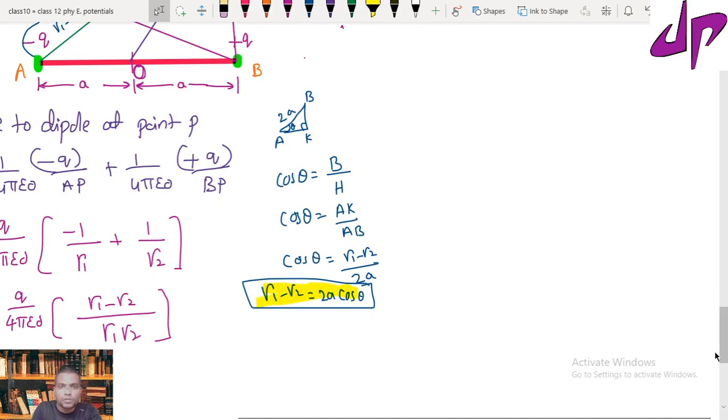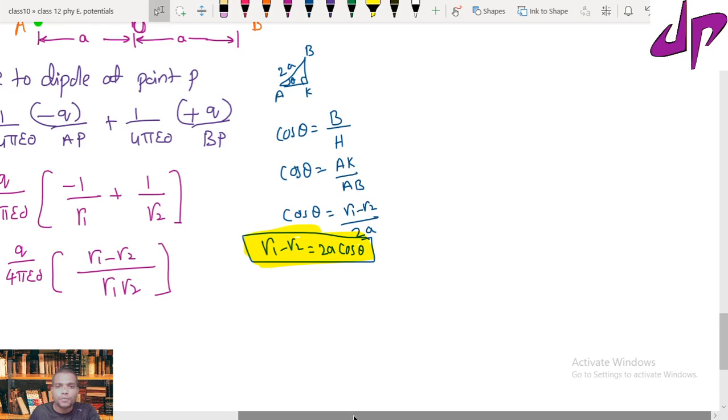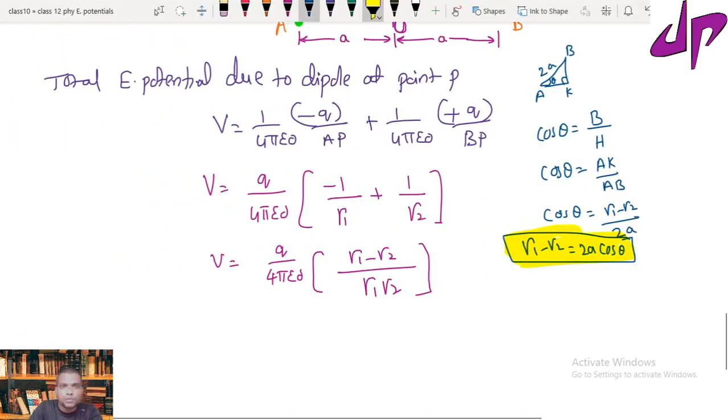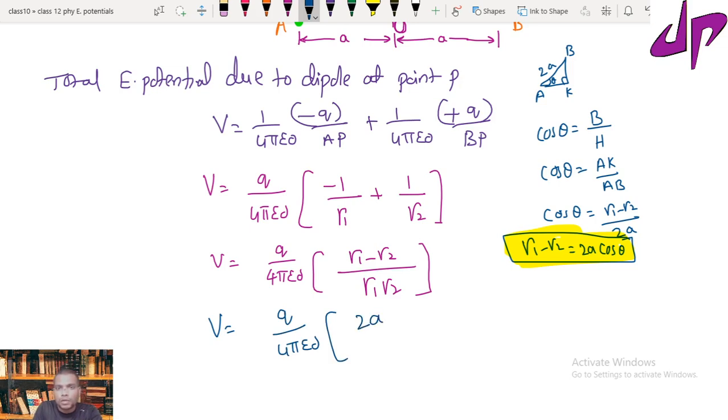The two values we got by considering an equal length, by drawing a perpendicular from point B on the side of A to P. Now if you substitute those values here, the potential V equals Q upon 4 pi epsilon naught of R1 minus R2 equals 2a cos theta, and R1 R2 becomes r square.